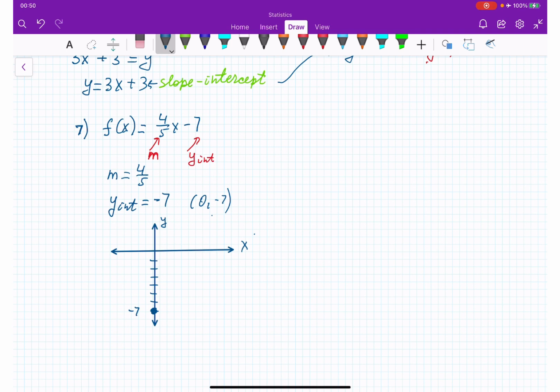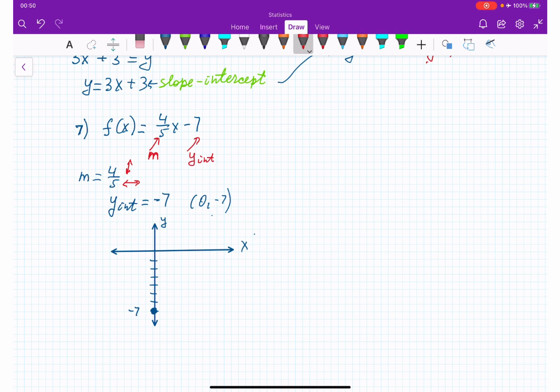Next I'm working with my slope. Slope is equal to 4 over 5, which means the number in the numerator, let me move it here so I can show you, is running vertically, either up or down based on positive or negative. And the number in the denominator is always running horizontally, either right or left based on sign.